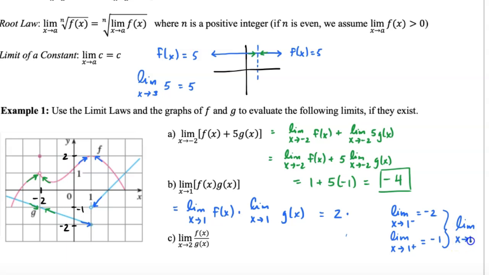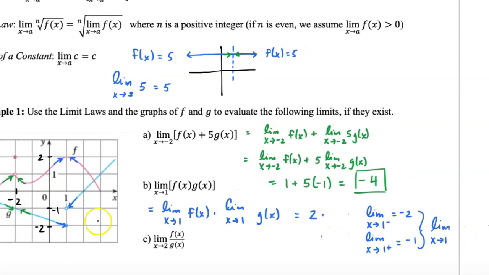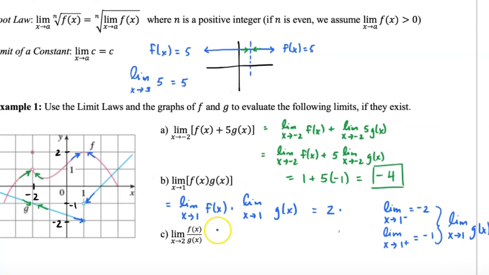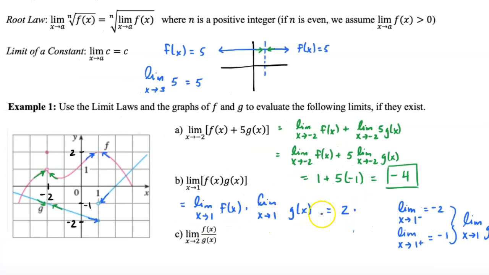And so if we have a product and one of the limits is equal to 2 and the other one does not exist, then our conclusion is that the limit does not exist in general.